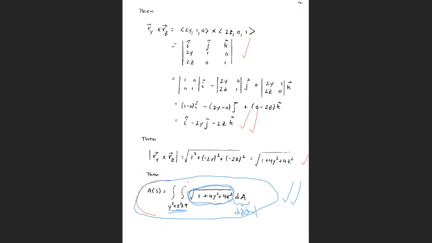Must I integrate with respect to rectangular coordinates? No, use polar. That's right. Very, very good. So we're going to use polar coordinates here. So what would we use for polar coordinates?